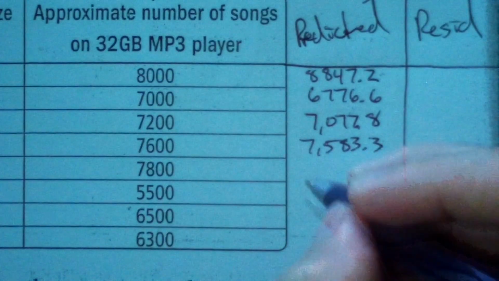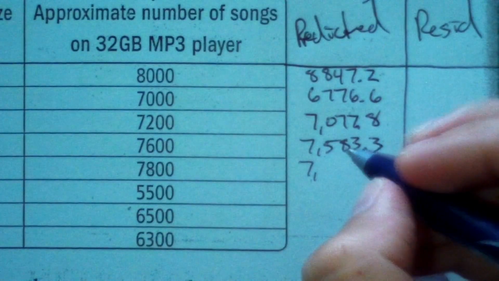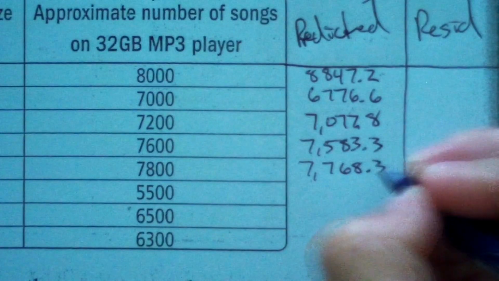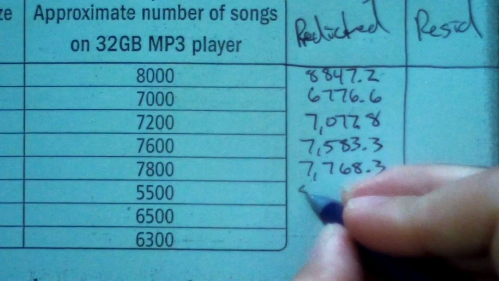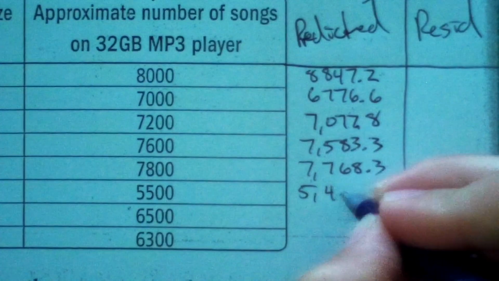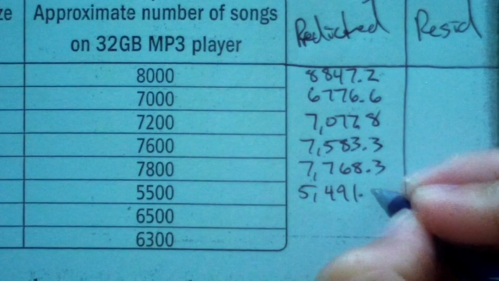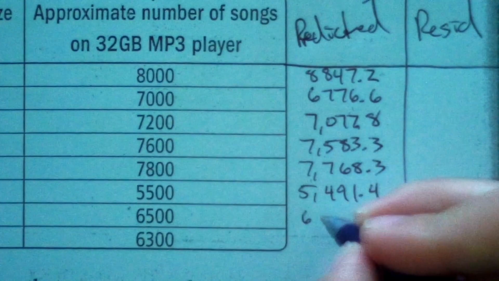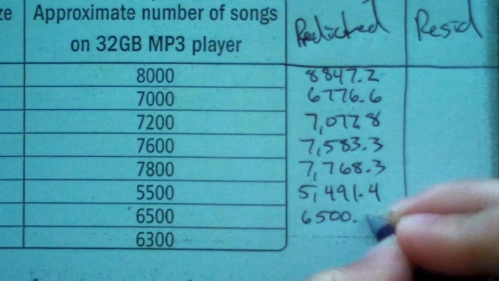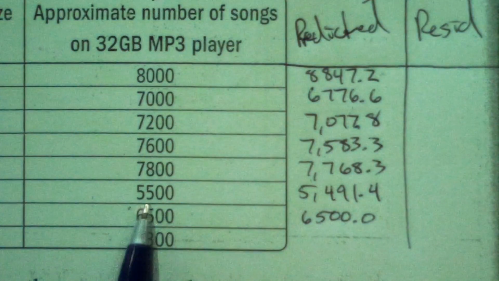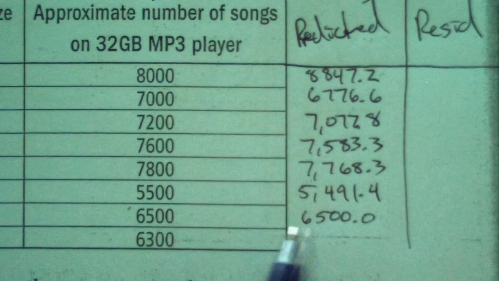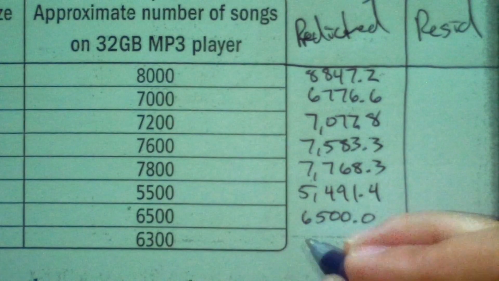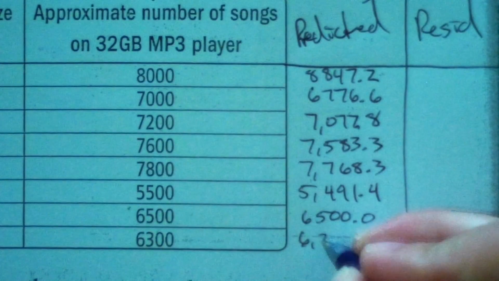So the next ones are 223.4, 122.2, 16.7, 31.7, 8.6, 0, because again that was the one that we used to make our equation. And then the last one's 54.9. And those are our residuals.